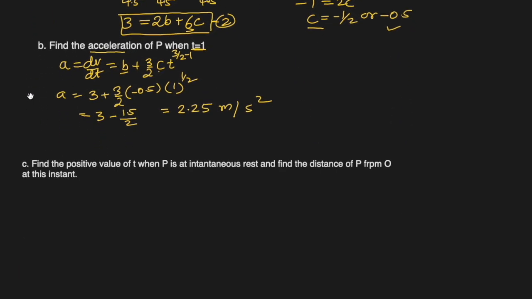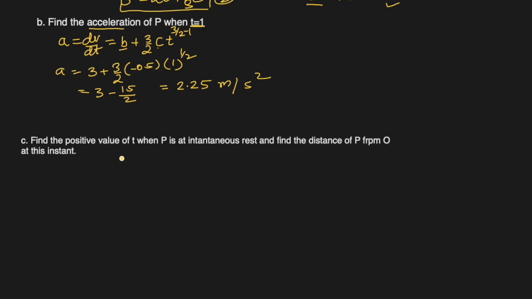Next, find the positive value of t when p is at instantaneous rest. Means for a moment it is at rest. At rest also means v, the velocity, is equal to 0. And this equation of velocity was v equal to 3t, which is bt, b value is 3, so minus 0.5 t to the power 3 over 2.